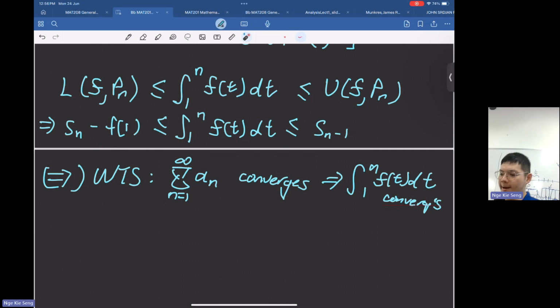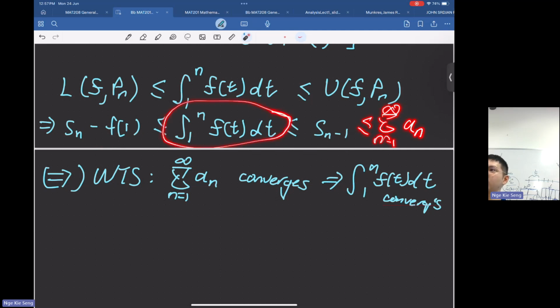So one direction you could pursue is that Sn minus 1 should be less than this integral, right? Correct or not? Okay. So meaning what? This integral is bounded above by a positive number. Bounded below by what? This function is positive.